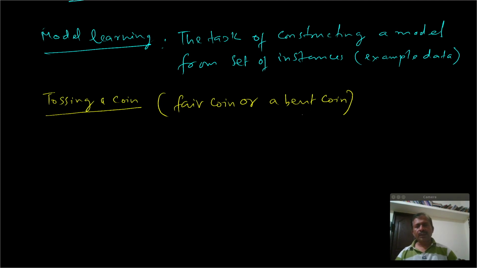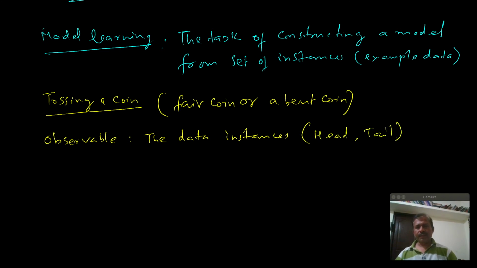I don't know the nature of the coin that I have. The only observable is the data instances. What are the data instances? Basically, you observe head or tail, right?